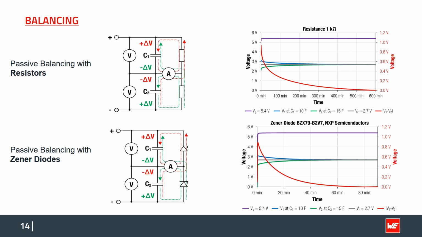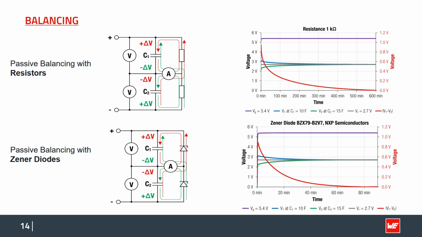The most inexpensive and technically simple balancing is the balancing with resistors. As you can see in the circuit on top, please do not get confused with the arrows. They indicate the flow of current. As I have already mentioned, if you are interested, please have a look at the corresponding app note. In this example, we have chosen intentionally two different capacitors, a 10 farad and a 15 farad capacitor.